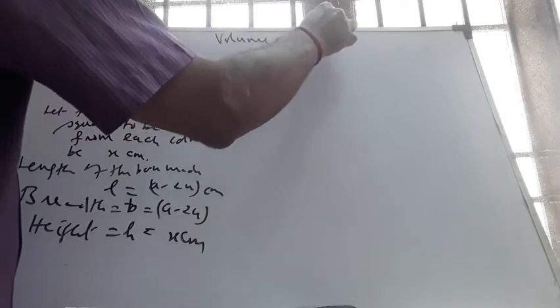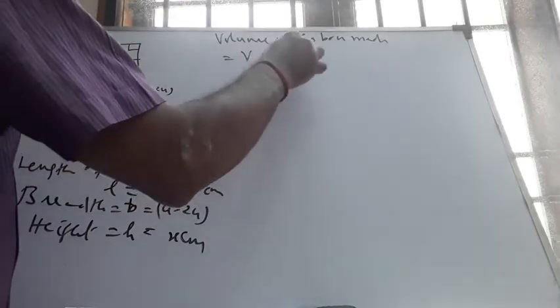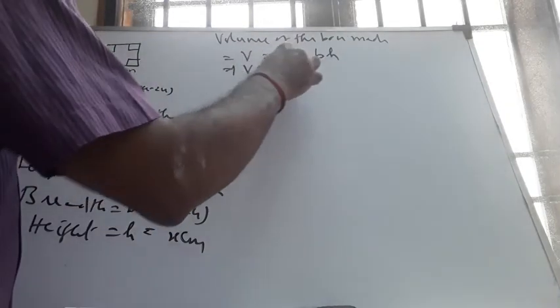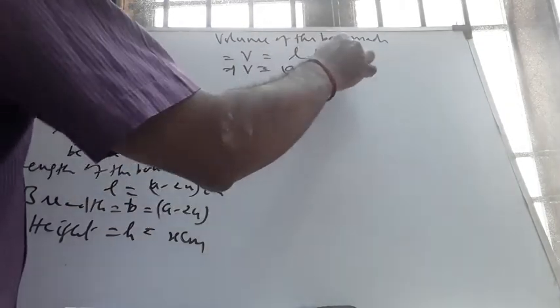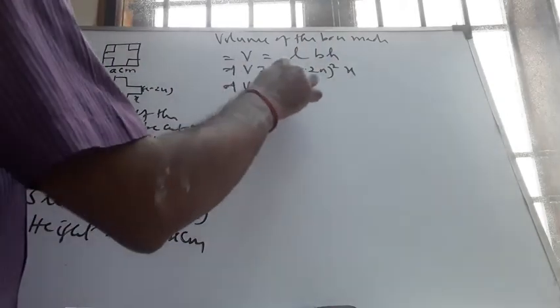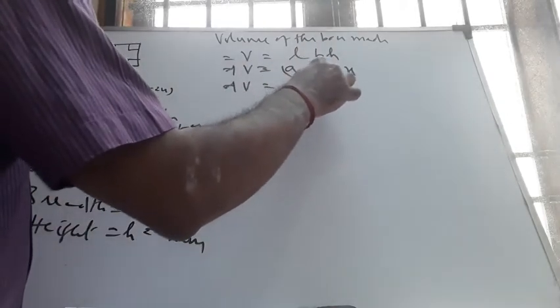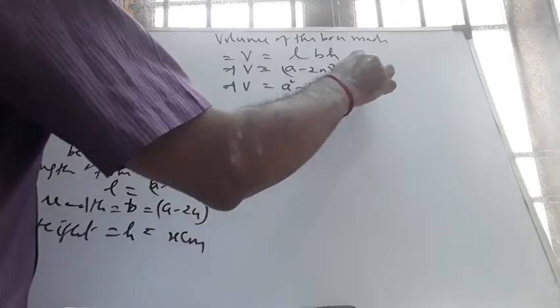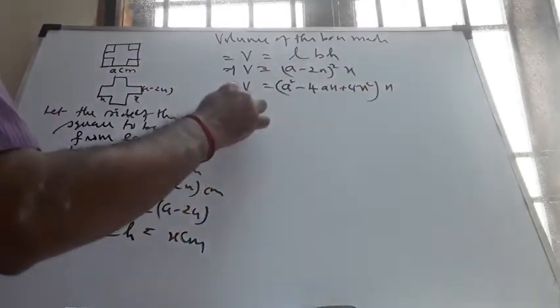Then the volume of the box made will be V equal to LBH, that is V equal to (a minus 2x) the whole squared into x. V is equal to (a square minus 4ax plus 4x square) into x.